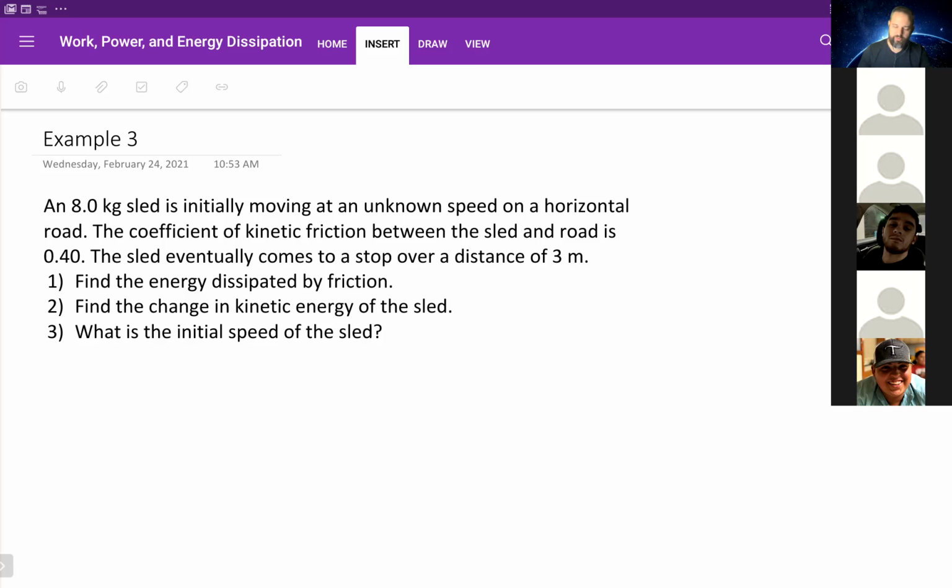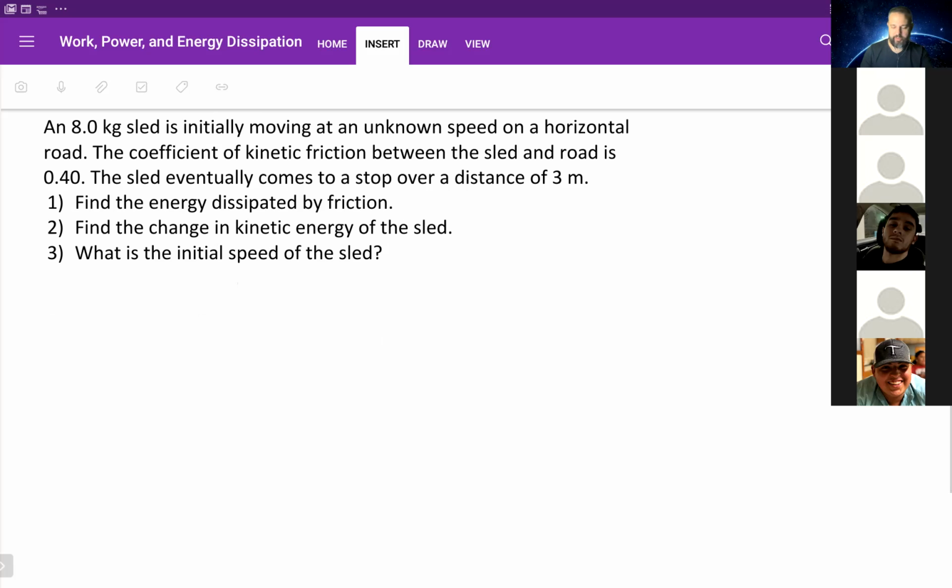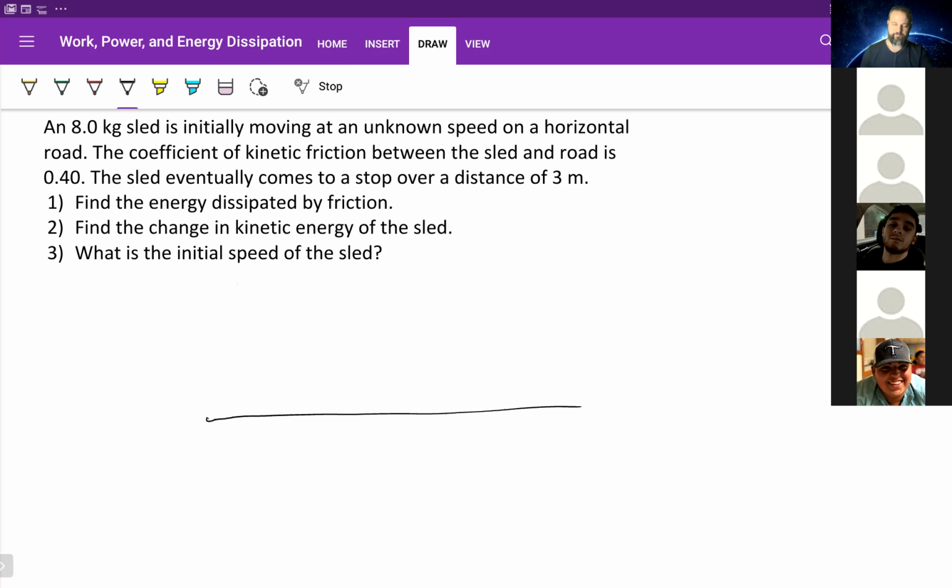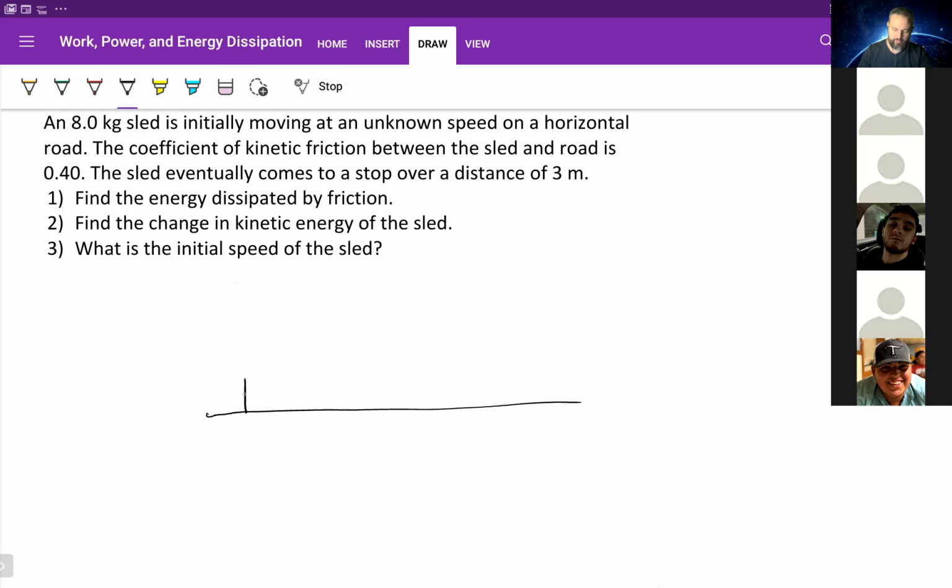All right, so as usual, we want to draw. It's very important that we draw stuff. We've got a horizontal road, and a box on that road. That box is going to have a mass m, and it moves a distance of 3 meters.